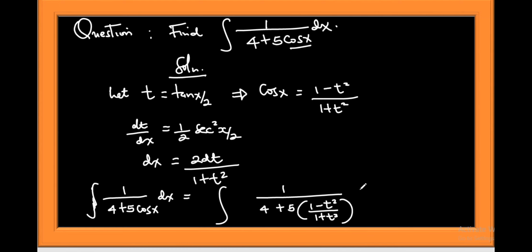All this, we are having dx, remember, but dx is now 2 dt divided by 1 plus t squared.